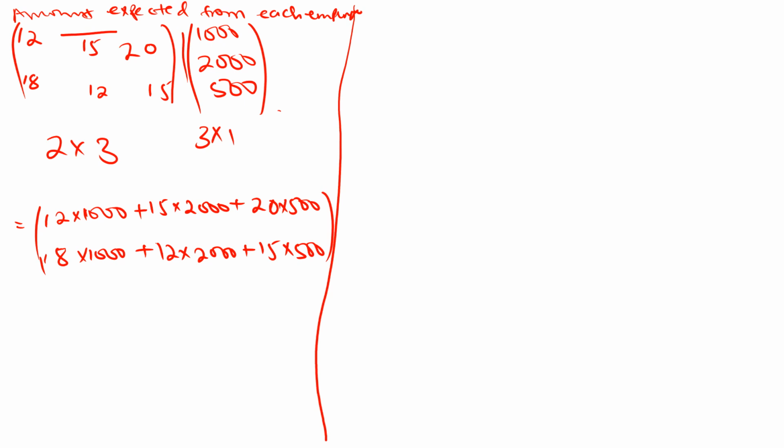Then we can proceed. So we shall get our answer as 12,000 plus 30,000, then plus 10,000. And then here we shall have 18,000 plus 24,000 and then plus 7,500.